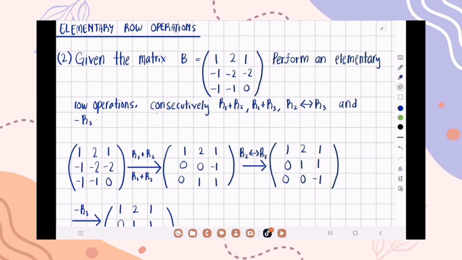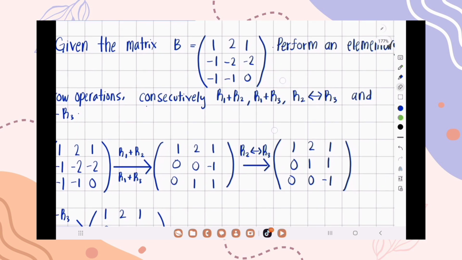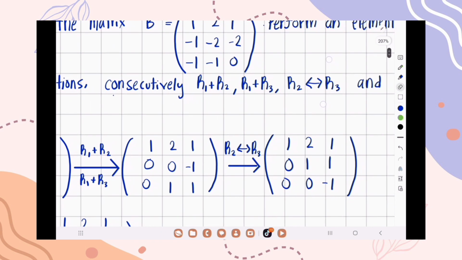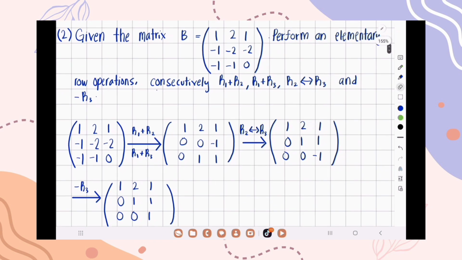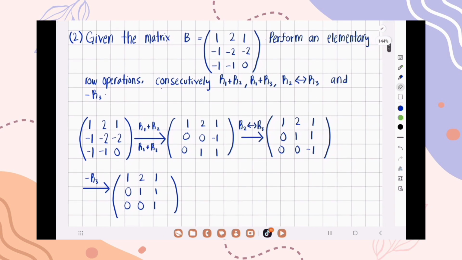For question number 2, it is given that the matrix B is 1, 2, 1, -1, -2, -2, -1, -1, and 0. We need to perform elementary row operations, ERO, consecutively in this order: R1 plus R2, R1 plus R3, R2 interchange with R3, and -R3.